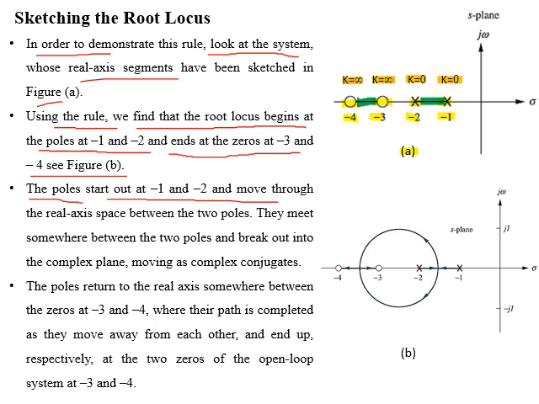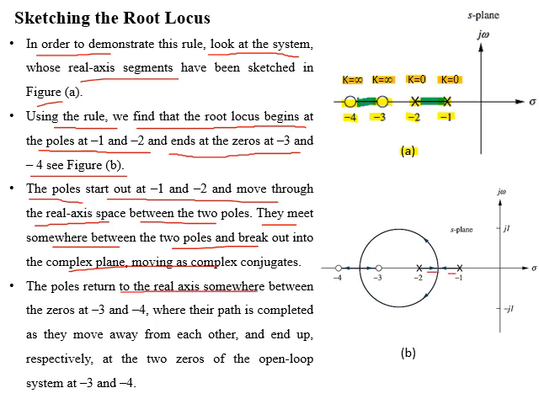the poles of the closed loop system will move towards the region where root locus exists. On the real axis, they meet somewhere between the two poles and break out into the complex plane, moving as complex conjugates.